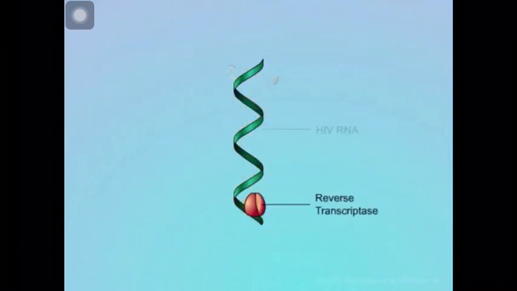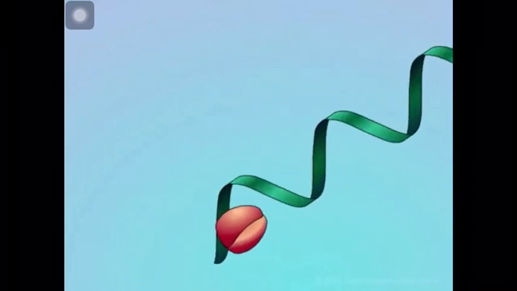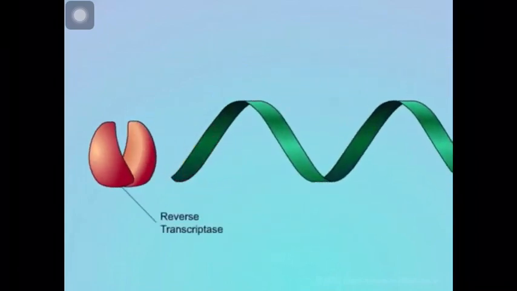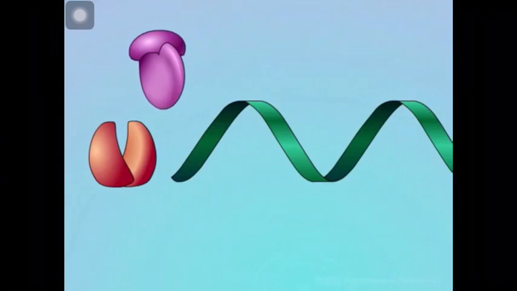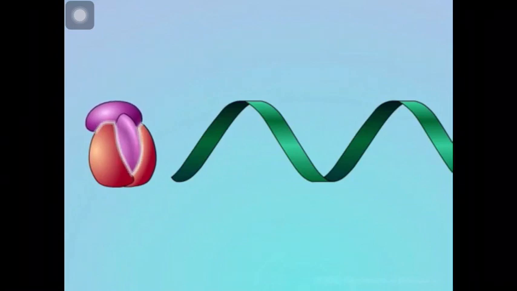The reverse transcriptase, or RT enzyme, is then activated, and it is now ready to convert viral RNA into single-stranded DNA. At this stage, the non-nucleoside reverse transcriptase inhibitors, or NNRTIs, are able to block the function of the viral RT enzyme. NNRTI drugs target the viral RT enzyme.